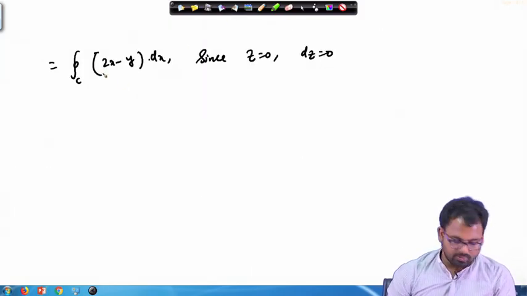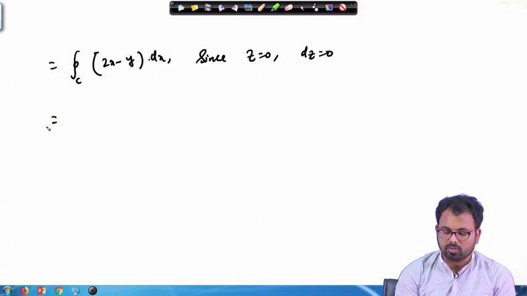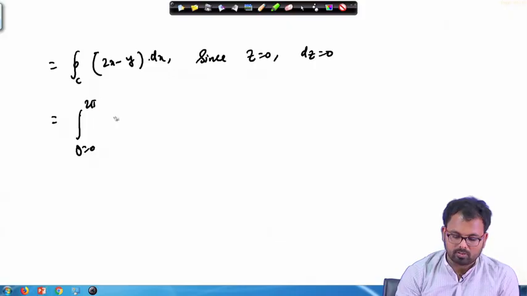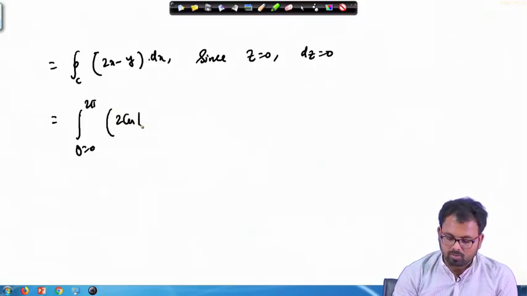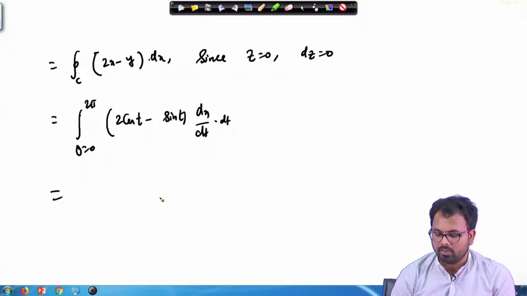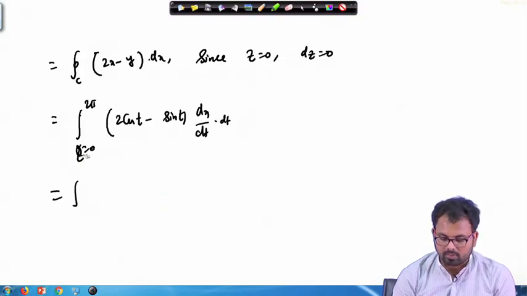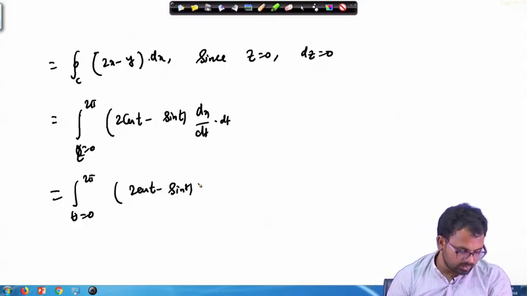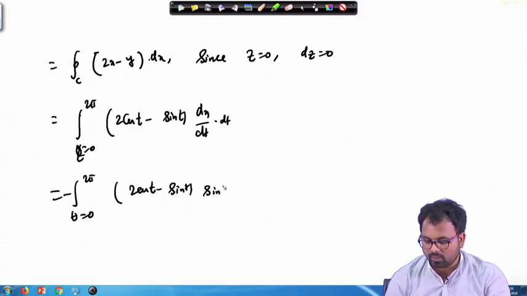Now we substitute x equals cos t and y equals sin t, with t running from 0 to 2 pi. So, 2x means 2 cos t minus sin t, and x is cos t, so dx will be minus sin t dt. I write the minus sign here and multiply by sin t.